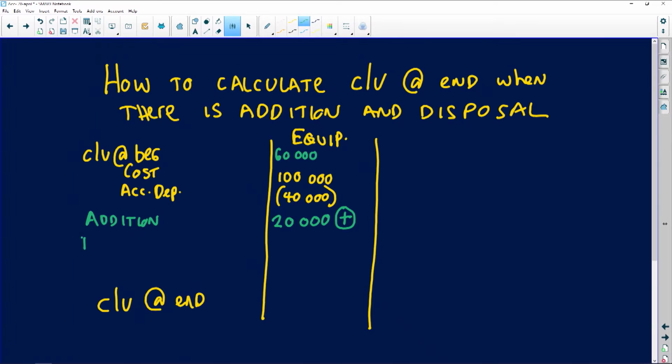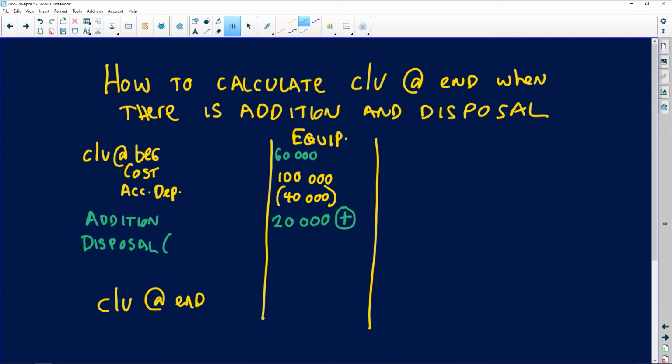Right, now let's look at disposal. Remember we spoke quite a bit about disposal earlier on. Disposal, I am getting rid of the asset. Could be for various reasons. I don't need the asset anymore. The asset is too old or it's outdated, but I'm now getting rid of the asset. So when you show disposal in the tangible asset note, it is always at carrying value. In other words, you're taking your cost of the asset that you're selling minus the accumulated depreciation, exactly what we did earlier on, and that will give you your carrying value for disposal.